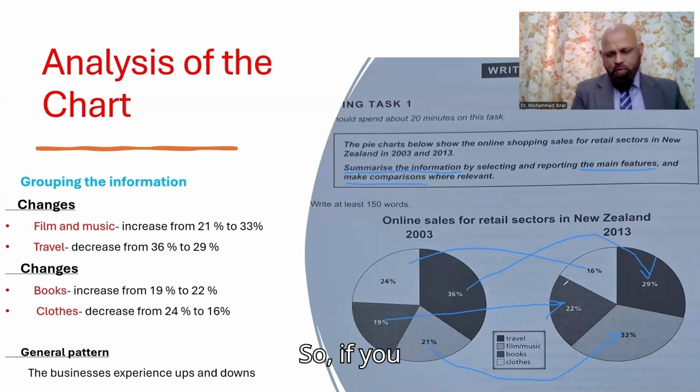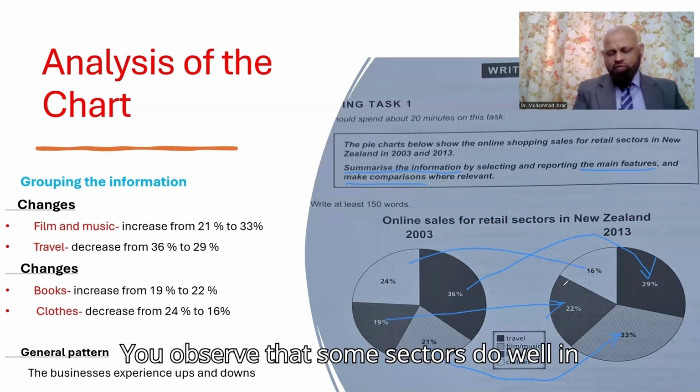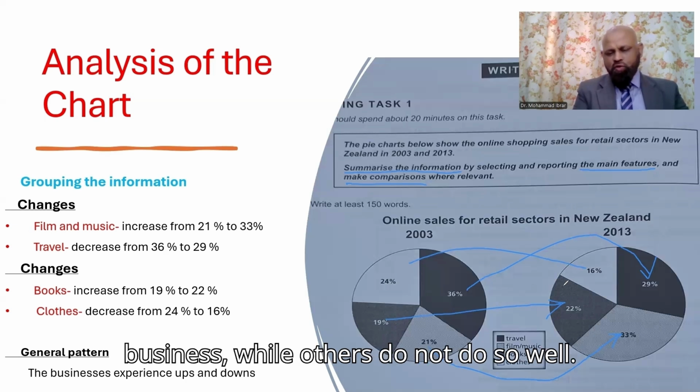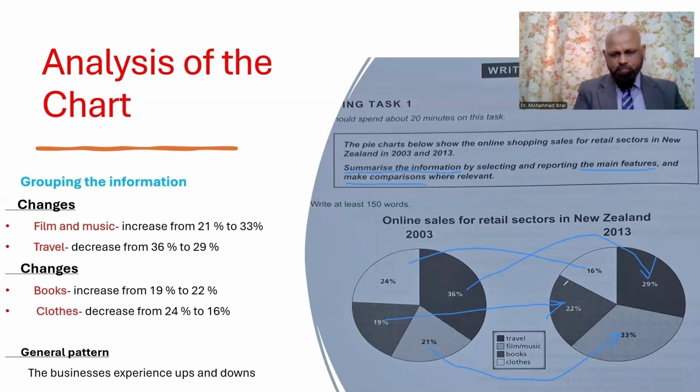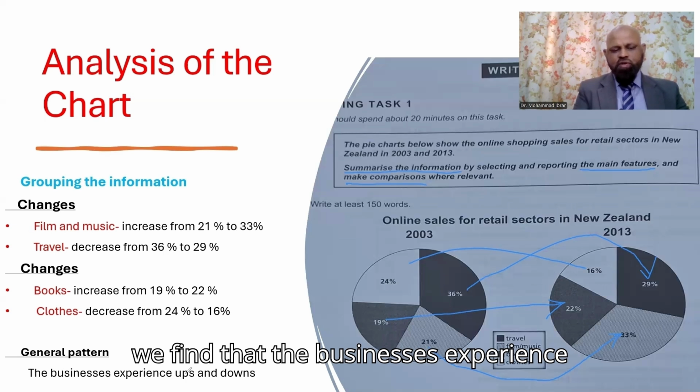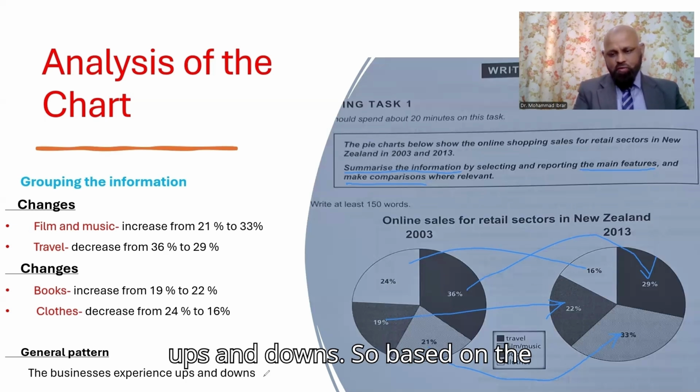So if we analyze the 2 pie charts, you observe that some sectors do well in business while others do not do so well. So there are changes. So for the general trend, we find that the businesses experience ups and downs.